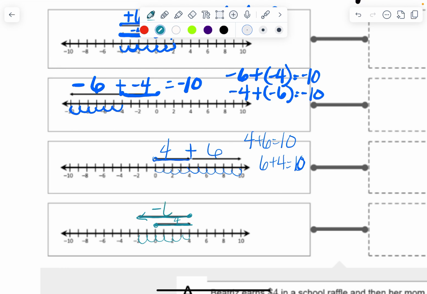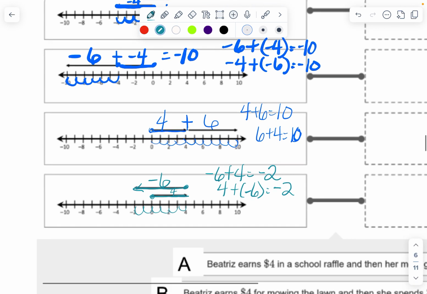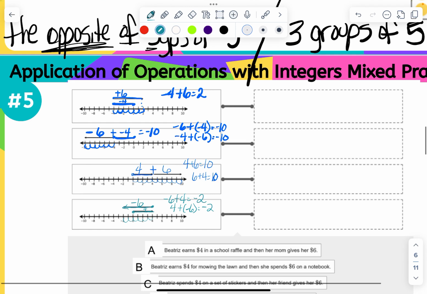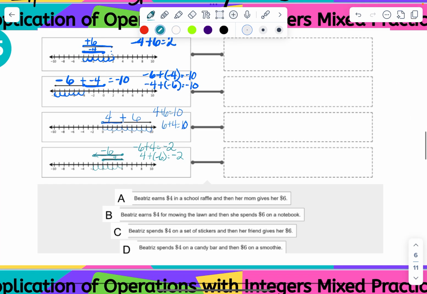So that's going to be a -6. So we have -6 plus a +4 equals a -2, or +4 plus a -6 equals a -2. Either one of those would work. All right, so let's shrink this back down now and look at our scenarios.